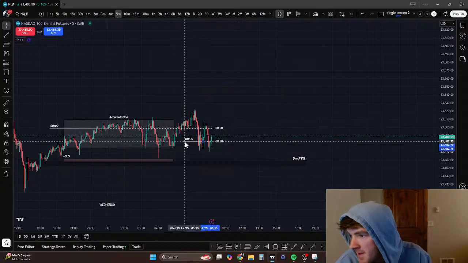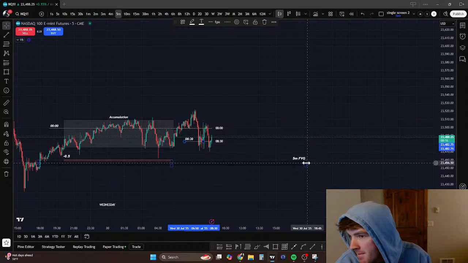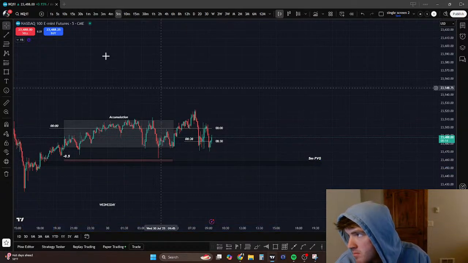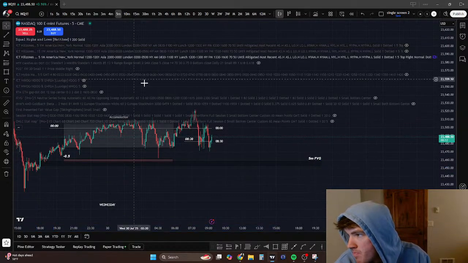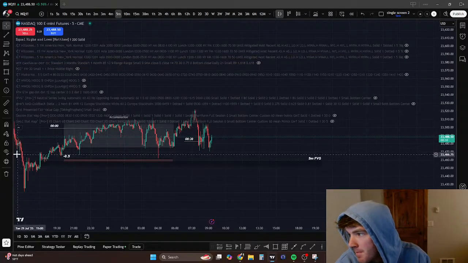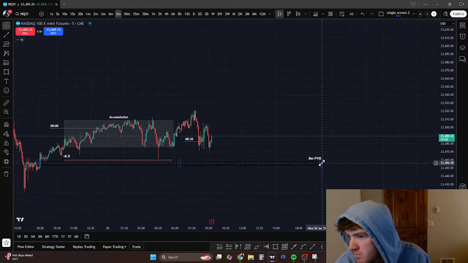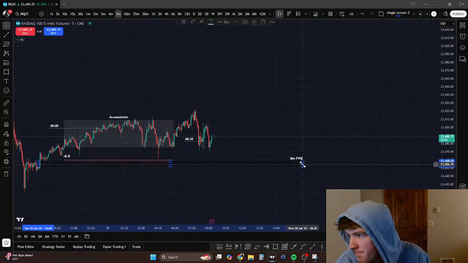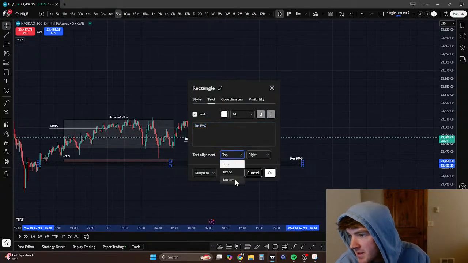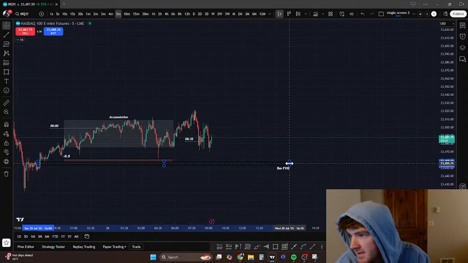So yeah, I'm thinking we'll manipulate into the 5-minute gap. That's kind of what I'm thinking. But I don't know. This looks a lot more clean. I kind of like this.